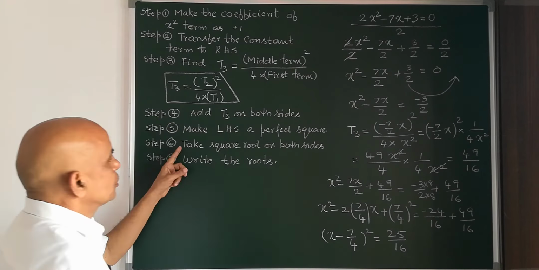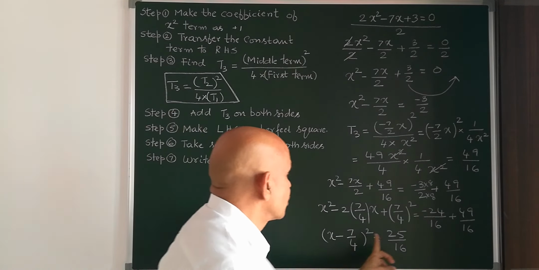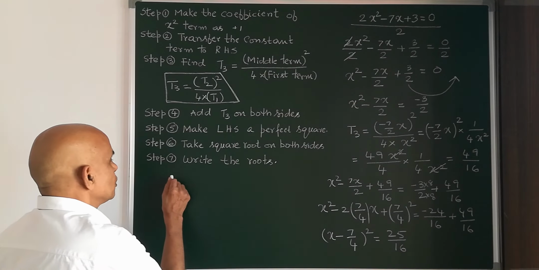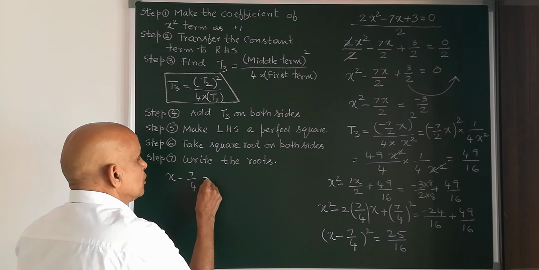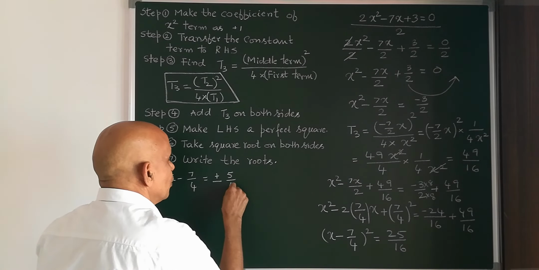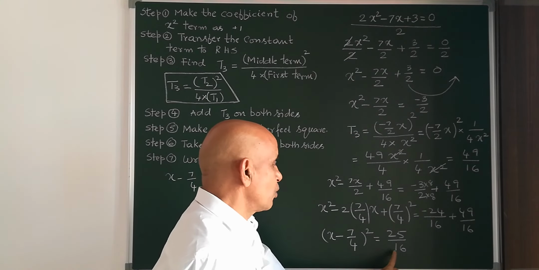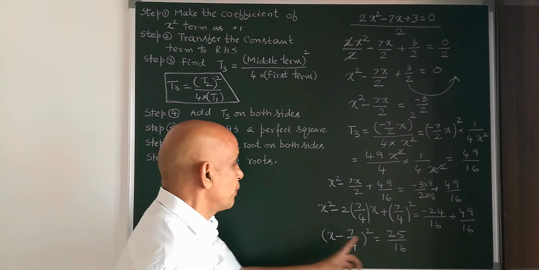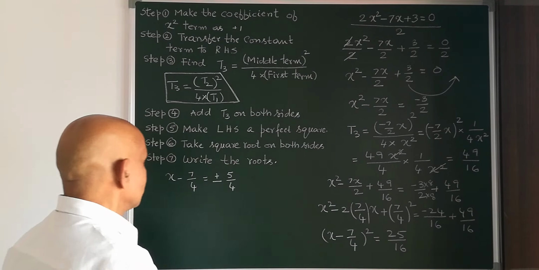If you take the next step, take square root on both sides. Then x minus 7 by 4 is equal to plus or minus 5 by 4, because square root of 25 is 5 and square root of 16 is 4. We have to keep plus or minus, because it may be plus or it may be minus.